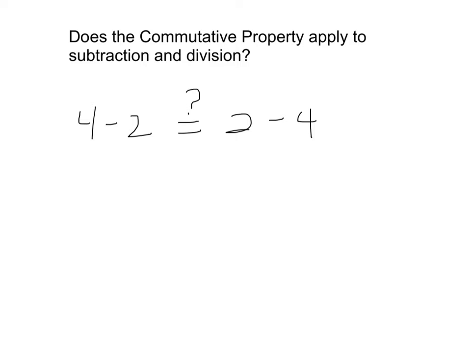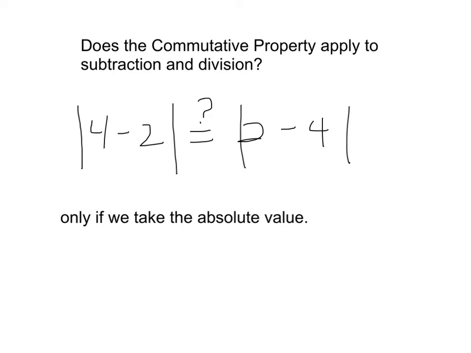But what happens when we try to apply this commutative property to subtraction or division? Well, clearly there's a problem with subtraction. If we subtract 2 from 4, we do not get the same thing as if we subtract 4 from 2. However, we can notice that the amounts are similar, it's just that the signs are different.